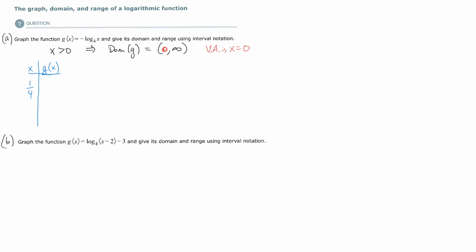So g of 1/4 is equal to the opposite of log base 4 of 1/4. But that's just the opposite of log base 4 of 4 to the negative 1, which is the opposite of negative 1, which is 1. Of course.